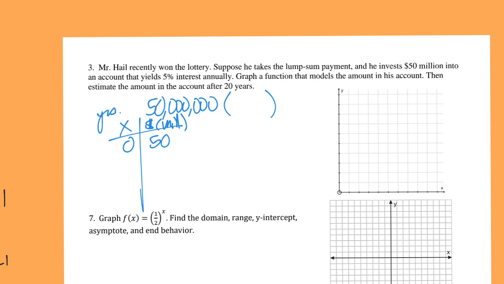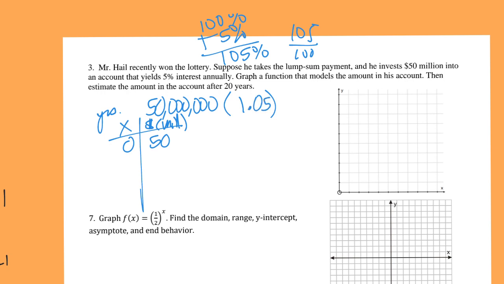If you just kept it at 100%, it would just be multiplying by 1. But because it's bigger than 1, you say it's 100% plus 5%, and that's 105%. And percent means divide it by 100. So if you divide 105 by 100, you're going to get 1.05.